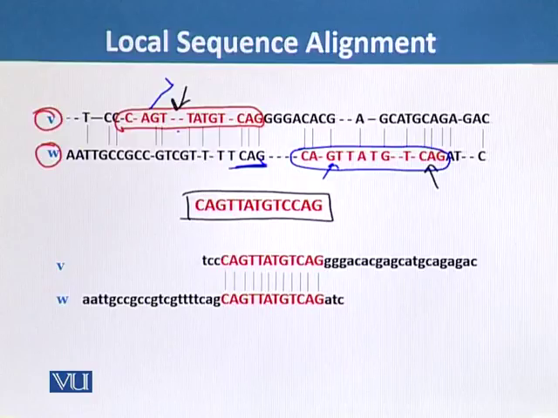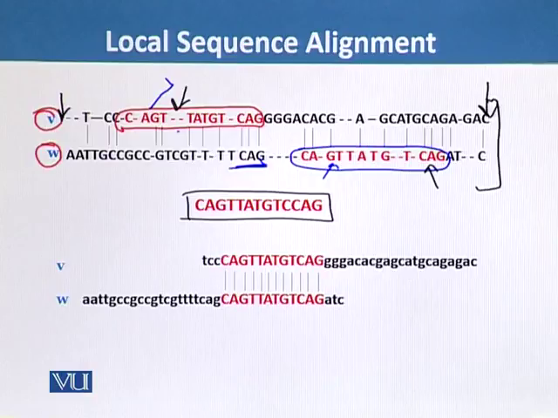If we consider the global sequence alignment, as we are seeing in this case, these two domains are very far away from each other, and the scoring matrix we have used cannot align them, because in global sequence alignment we have to consider the genes starting from nucleotide 1 up till the end.